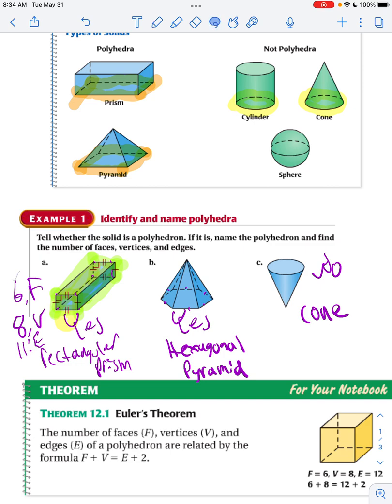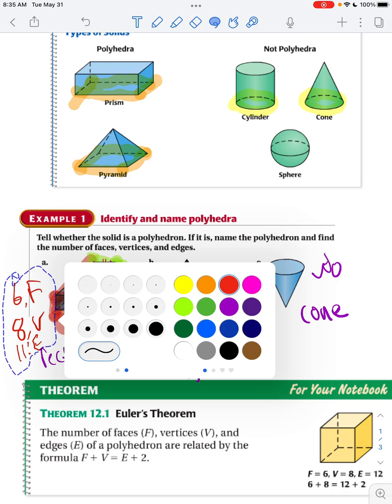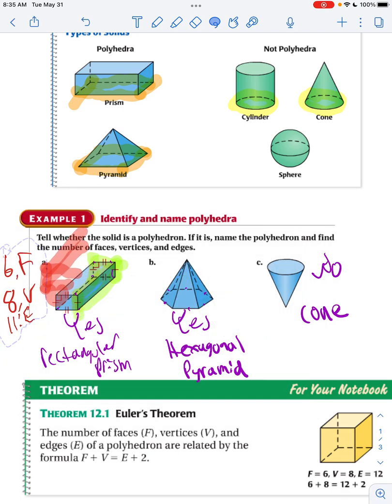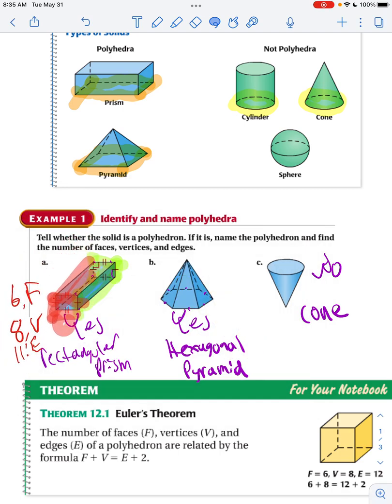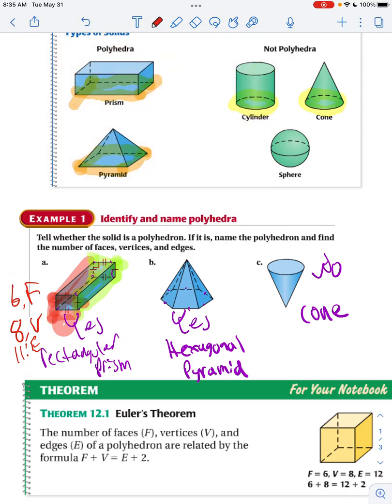Let's jump over here. I'm going to make this a different color so we can see it better. All right, and then let's say faces. I have my bottom face, and then I have my 6 sides.